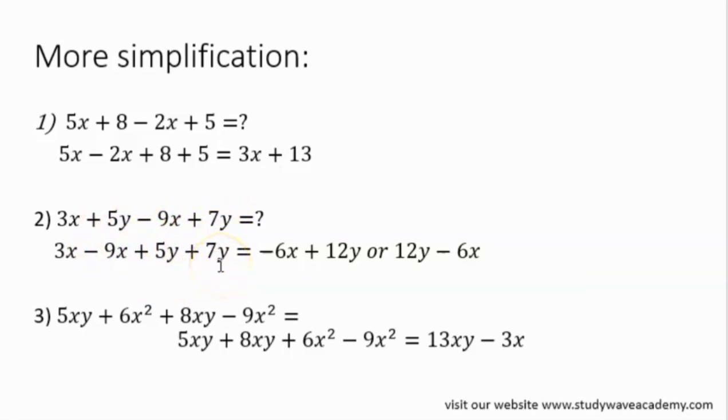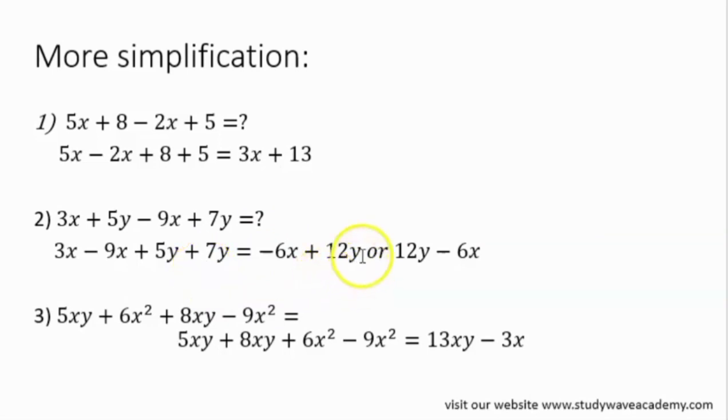So what are we going to do next? We are going to simplify it. We have 3x minus 9x. What is it going to give us? If we subtract 3 from 9, it will give us minus 6x. Then we go over to the next variable, 5y plus 7y.